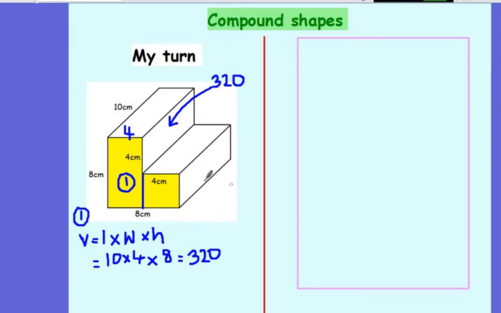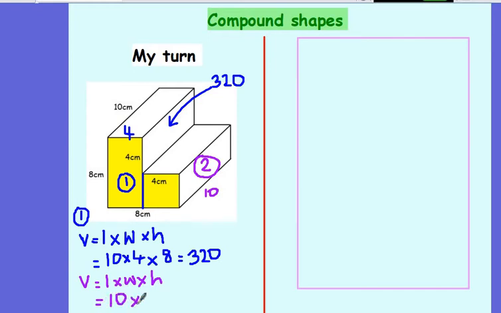How about the other part? I'm going to call the other part 2. This time in exactly the same way, the volume is equal to length times width times height. This time we know the length is still 10 because we've been given it up here.